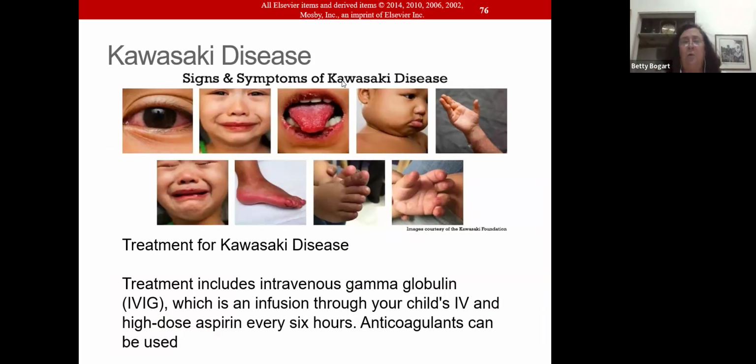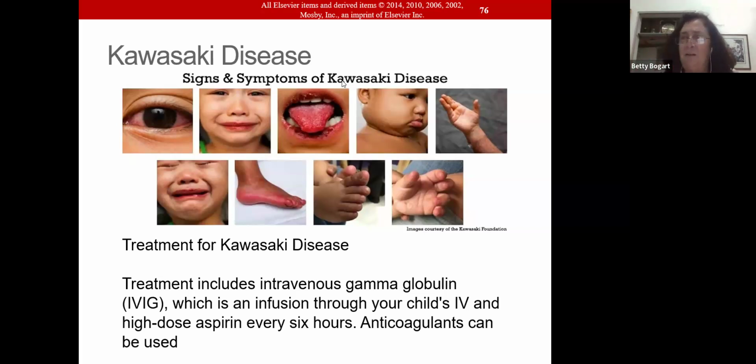And again, we want to treat it before the aneurysm occurs, with the vasculitis and microemboli in the blood vessels. So what are we going to do? Well, we're going to give IV immunoglobulins, IVIG, and we're going to give high dose aspirin. And yes, aspirin. This is the child that will get it.